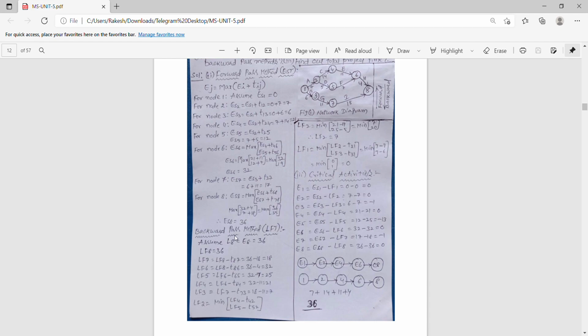And the backward pass method is the reverse of the forward pass method. The first step I said in the forward pass method is assuming the first node's starting time is 0.